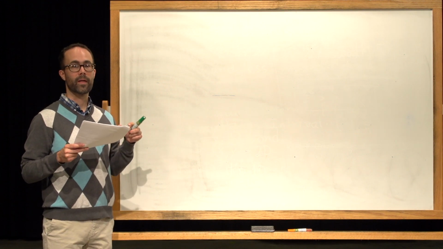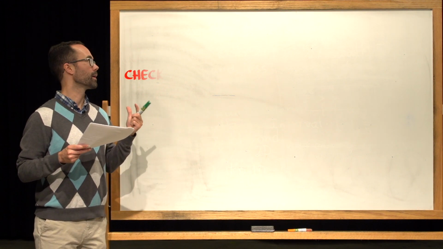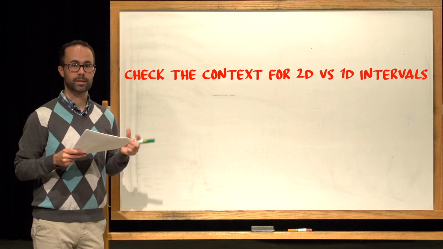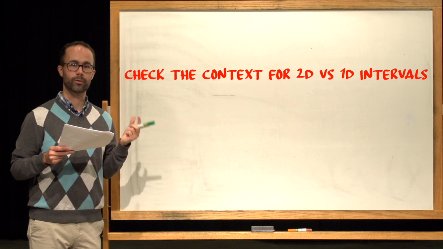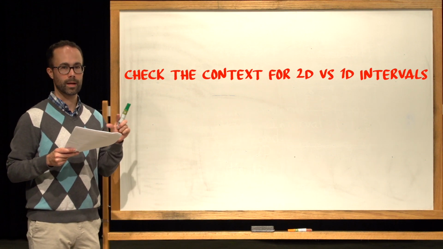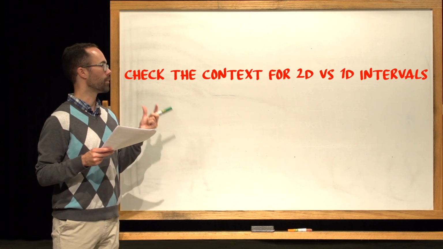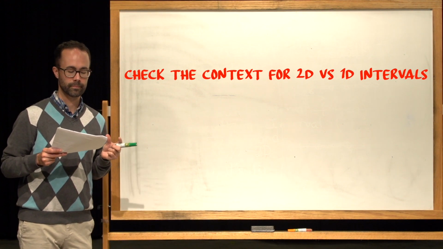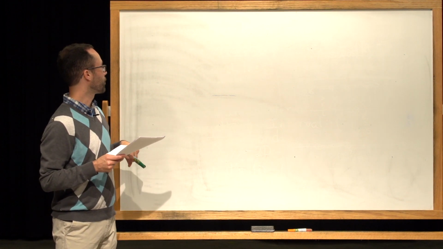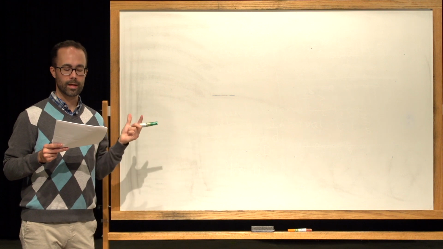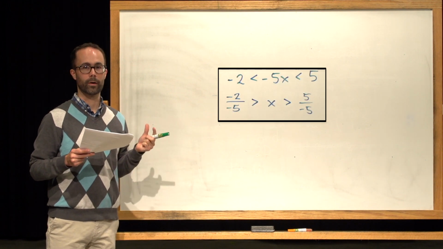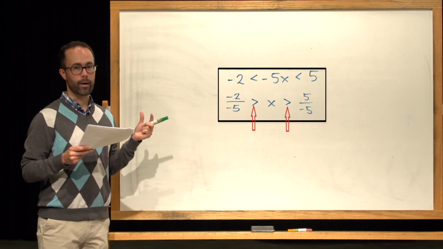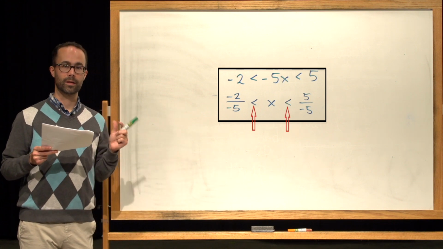We also saw that parentheses can make an interval look like it's a point in two-dimensional space. So you want to be careful to read context so you're interpreting it as the right thing, whether it's a point in space or an interval. And then when we're working the inequalities, when we're doing the algebra to solve it, if we have to divide or multiply by a negative quantity, that will require us to change the direction of the inequality symbol.